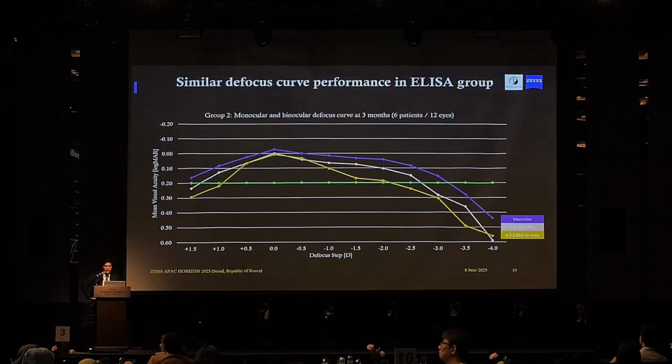This can be explained by the improvements to the optical design of IOLMaster, with more light distribution to intermediate and near distance. The binocular summation effect, the purple line in this graph, is in full play here, and the binocular defocus curve looks very similar to the one in group 1, that is IOLMaster bilaterally.